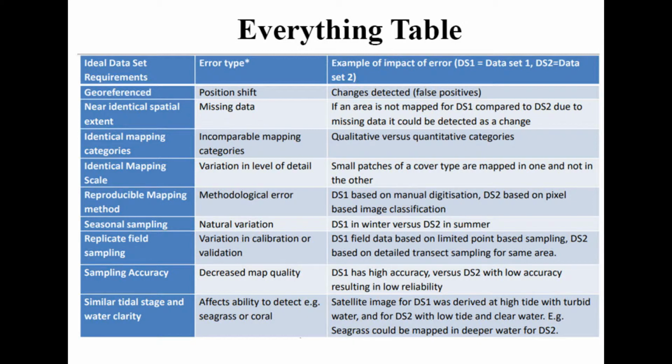That was the pre-processing for multi-temporal analyses. Now I'm going into the actual change detection, like how you'll be doing this. In change detection, you first do the pre-processing, then you look at the number of data sets you'll be working with.